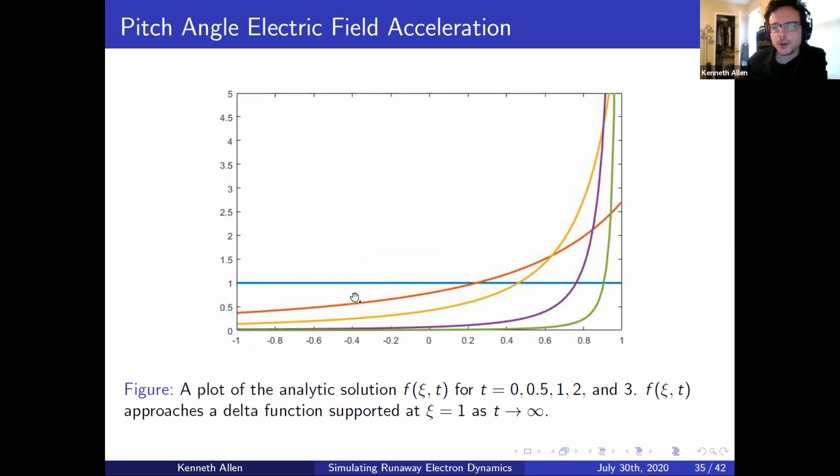You can see that if our initial condition is this blue line, so we have, say, evenly distributed electrons, then as time goes to infinity, our electrons approach x equals 1 into this sort of delta function here. So this is the behavior of our solution as time goes to infinity.